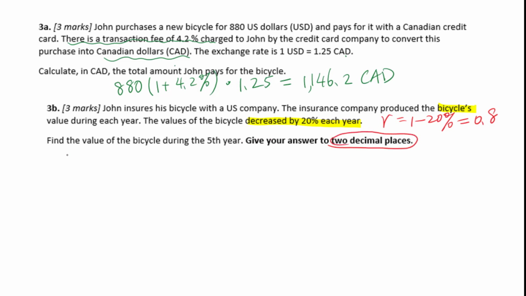Since this is a geometric sequence, u sub 5 equals u sub 1 times r to the 4th power. u sub 1 equals $880, r equals 0.8. So plug in 880 times 0.8 to the 4th power.